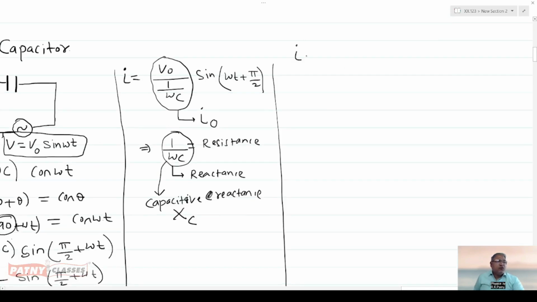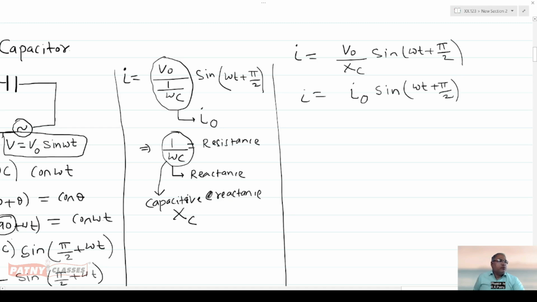Therefore, I equals V naught upon Xc sine of omega t plus pi by 2. So V naught upon Xc can be denoted by I naught. So I equals I naught sine of omega t plus pi by 2.